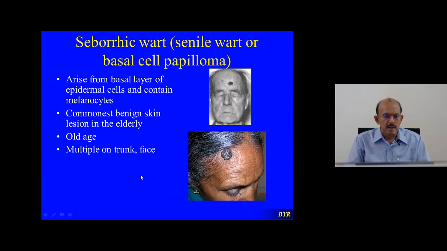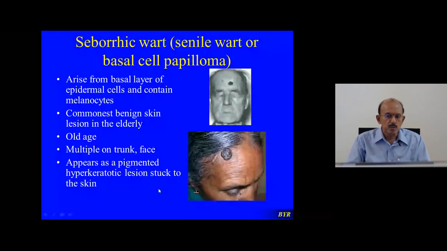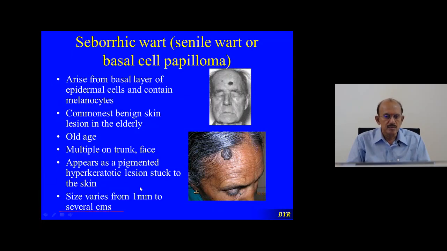It occurs in old age, multiple on the trunk and face, and appears as a pigmented hyperkeratotic lesion stuck to the skin, as if you think that something has been stuck here. And the patient also tries to remove this, but she can't remove it. Size varies from 1 millimeter to several centimeters.